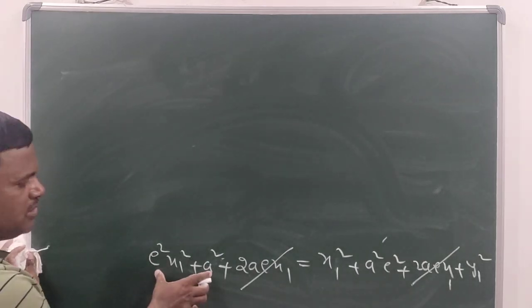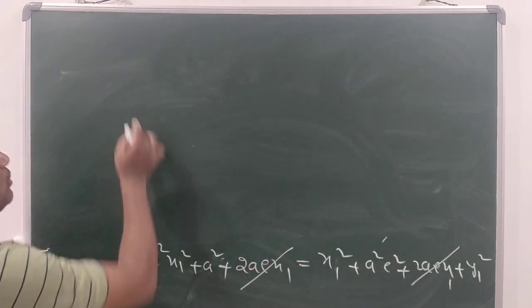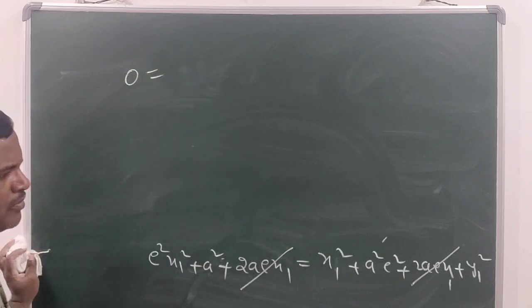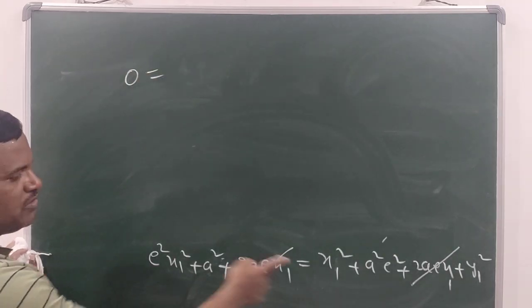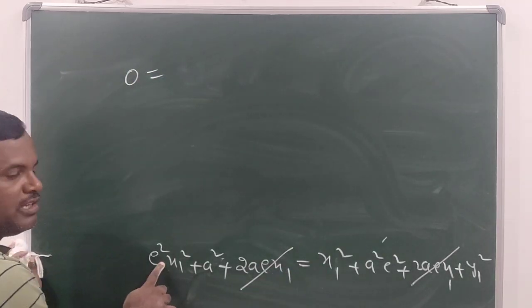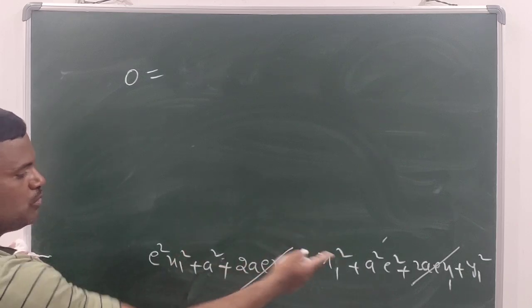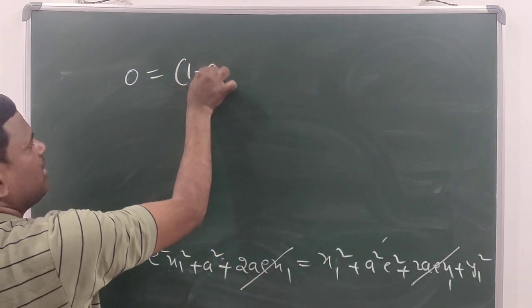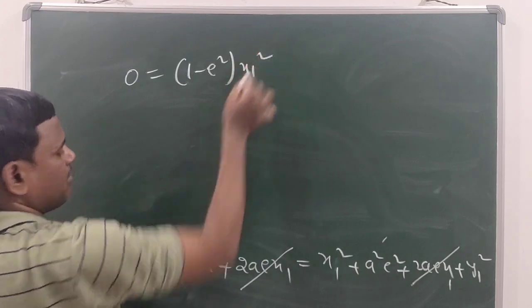So transfer the leftover terms to the right side. What do you get here? When you transfer this to the right side, e square x1 square goes to the right, so 1 minus e square x1 square will come.